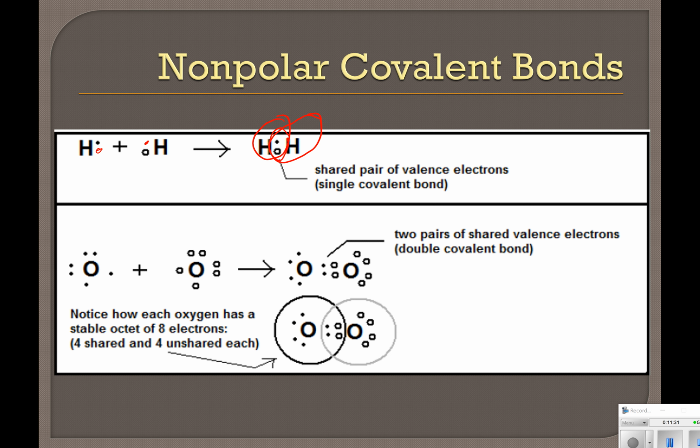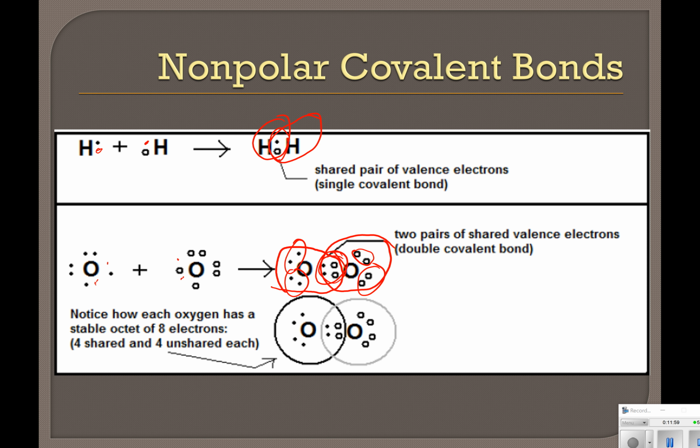In the case of oxygen, we can see that each of these is missing 2, and therefore can make 2 bonds. And when these line up, remember, we want 8 for each atom. This is going to look like that. So when we circle each oxygen, there's 2, 4, 6, 8, and 2, 4, 6, 8 for each of those oxygens.